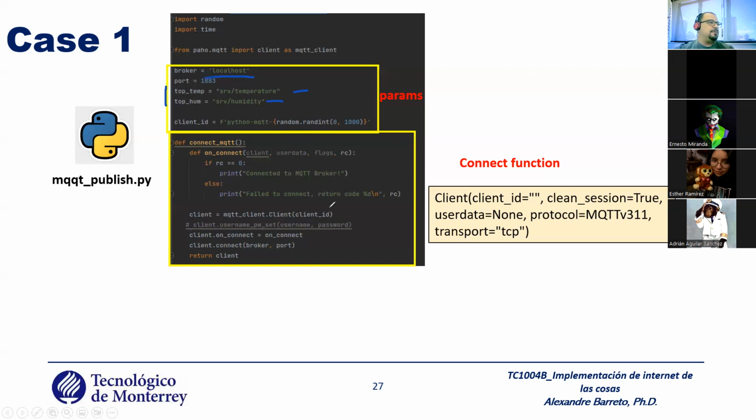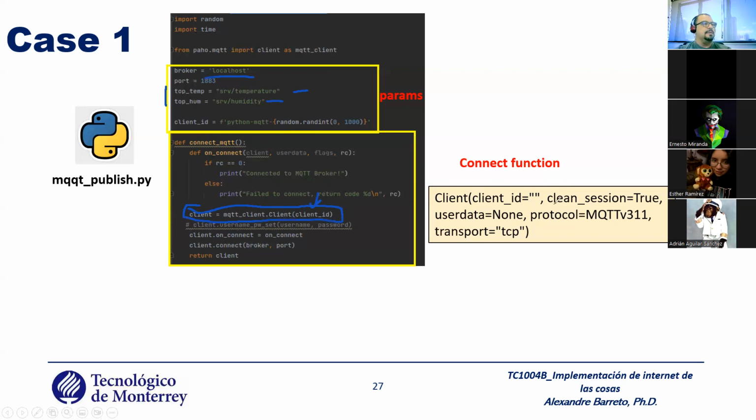An important method is the connection. For the connection, you have this method, on_connect, where you pass a client. A very important thing here is this line, okay? In this line, you instantiate a client. In our case, you only pass the client ID.